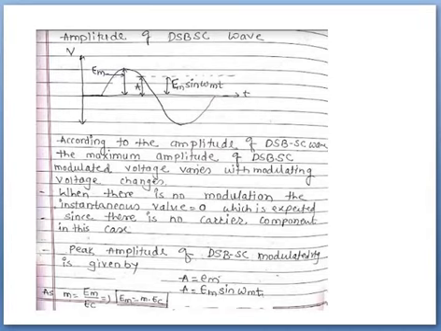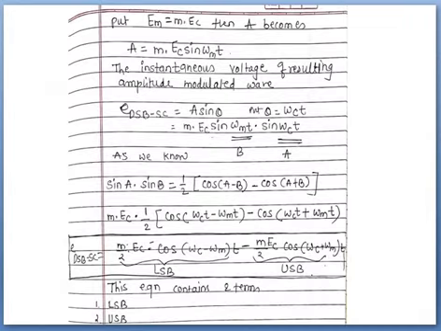Peak amplitude of the DSB SC modulated voltage is given by A is equal to Em. A is nothing but A equal to Em sin omega t. You can replace Em sin omega t in place of Em. As we know, modulation index m is equal to Em by Ec. The equation becomes Em is equal to m into Ec.